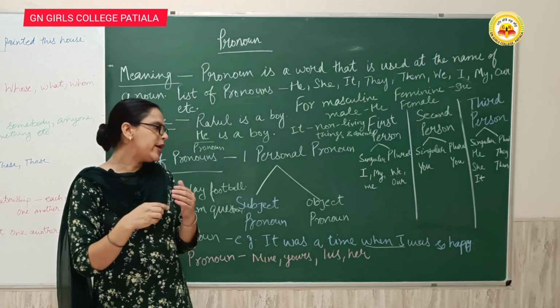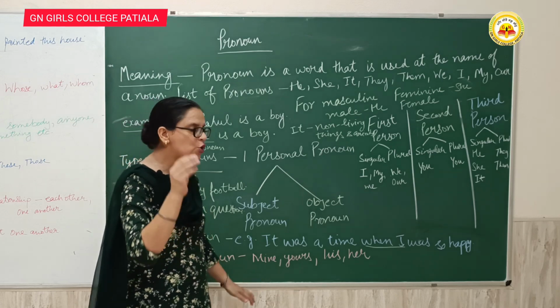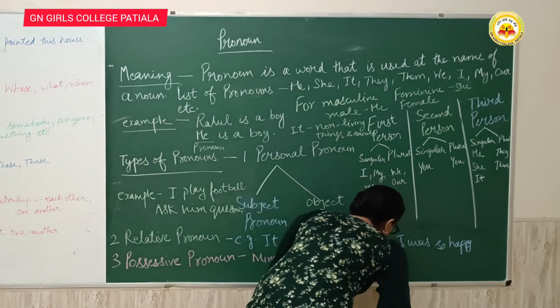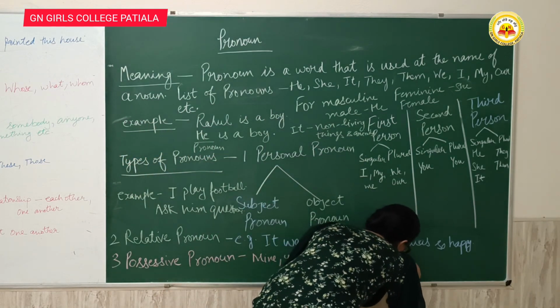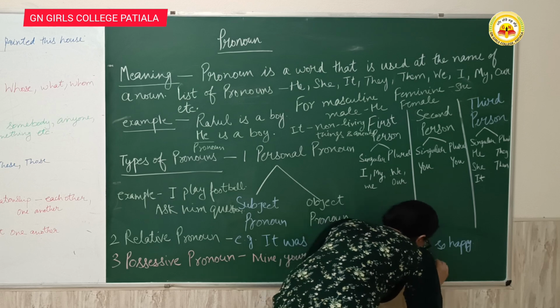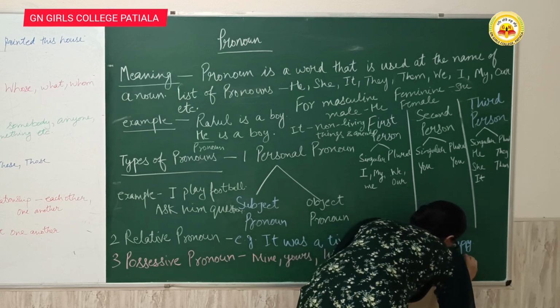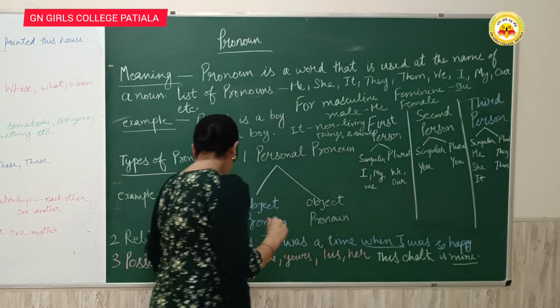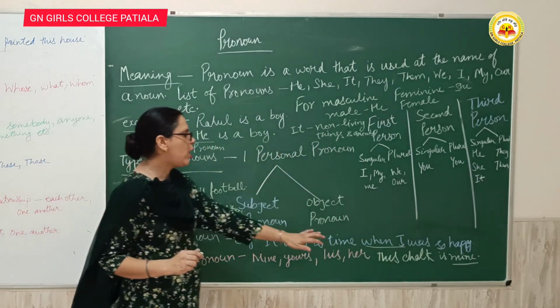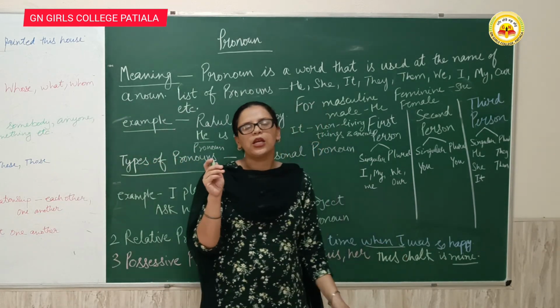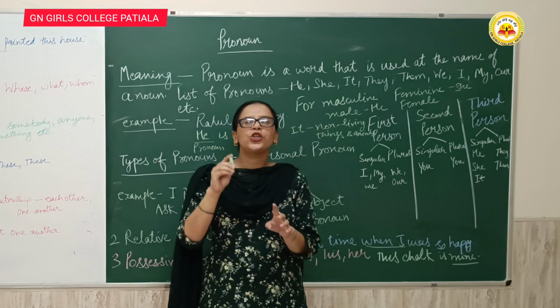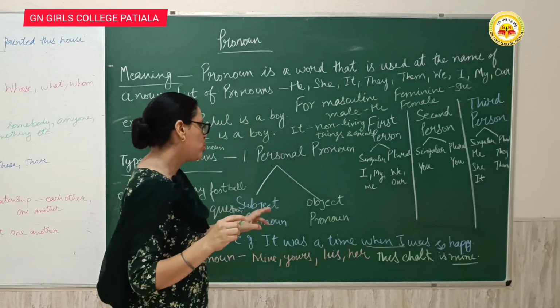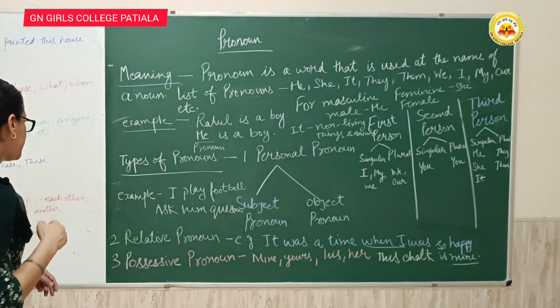Here I write an example: this chalk is mine. So mine is the possessive pronoun because the chalk belongs to me. I have possession over a chalk. So this chalk is mine.